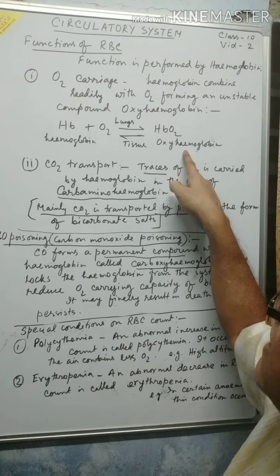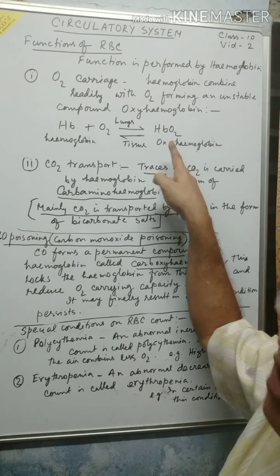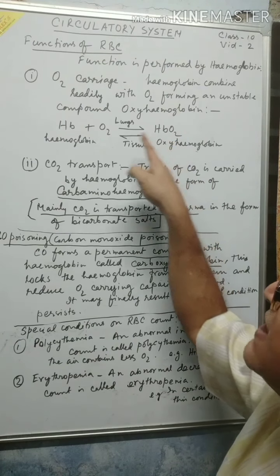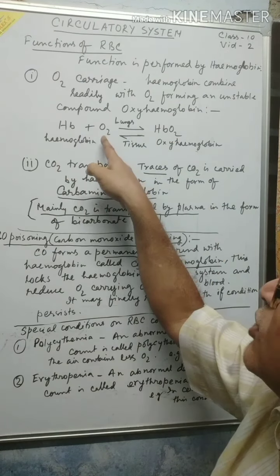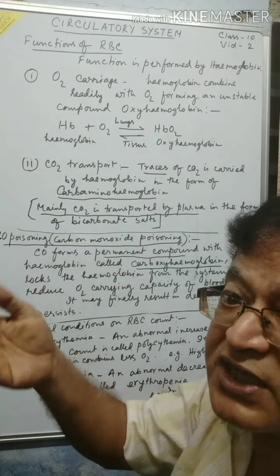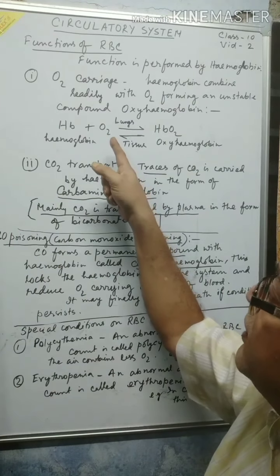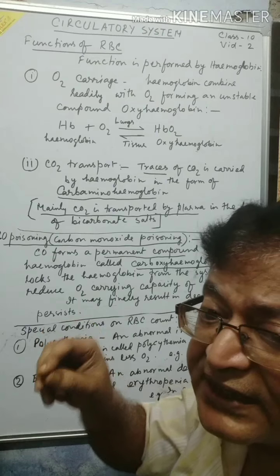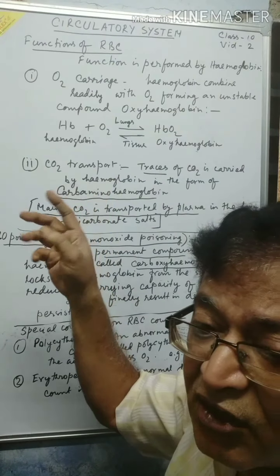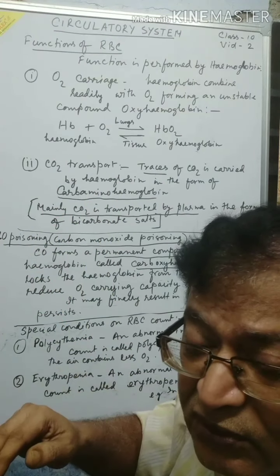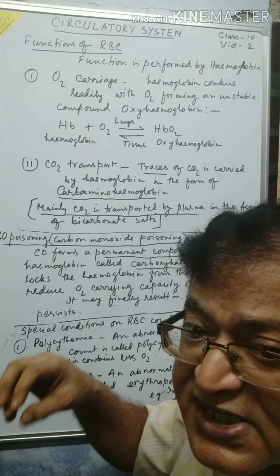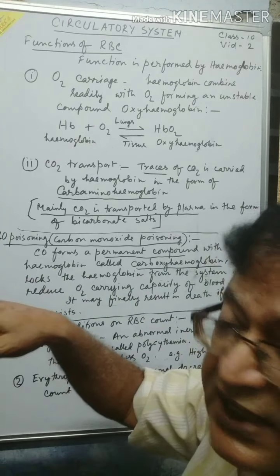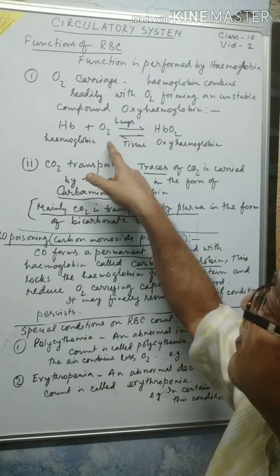When it goes back to the tissues, oxyhemoglobin once again breaks up into hemoglobin and oxygen, giving oxygen to the tissues. Because in the tissue area, when they reach, oxygen concentration is very low, so diffusion pressure is high, and oxygen goes into the cells.